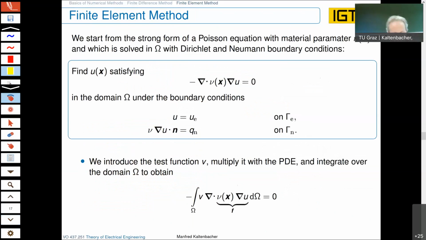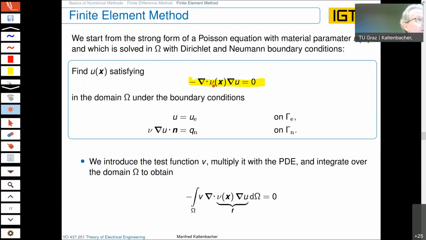Okay, and what does it mean to go over to a weak formulation? To be very precise in this sense, because this is one of the big powers we have within the finite element method, actually we have such a partial differential equation. And this nu, the material parameter, could be the permittivity, could be permeability, could be conductivity, whatever equation we have.